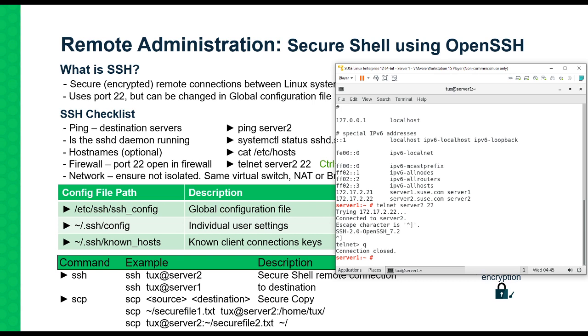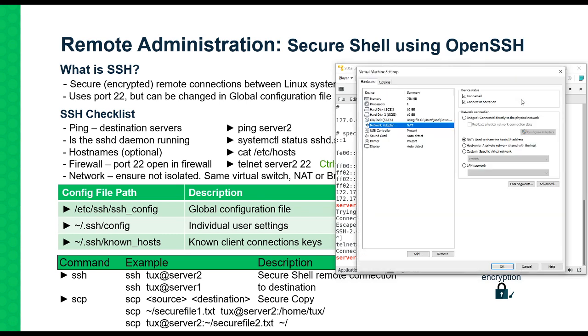Okay, then we need to look at our network to ensure that it's not isolated and it's on the same virtual switch. For that, we need to look at our VMware Player first. We've got our network connections here at the top, so we right click on that and click settings. Here we need to ensure that we are set on NAT, because both servers will run within the NAT functionality of the VMware Player.